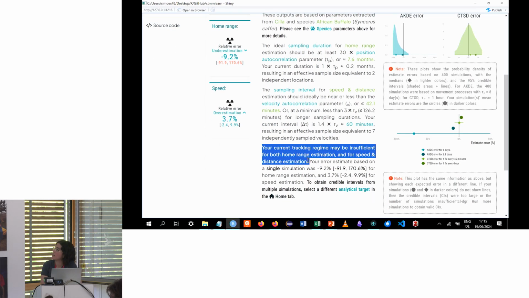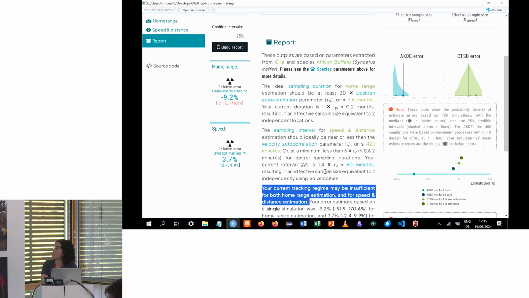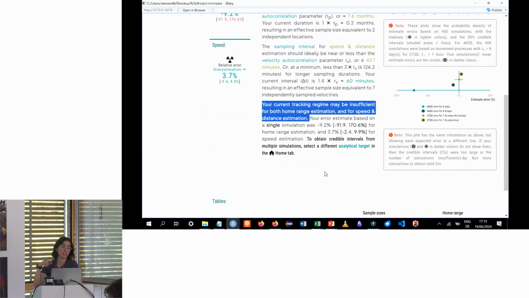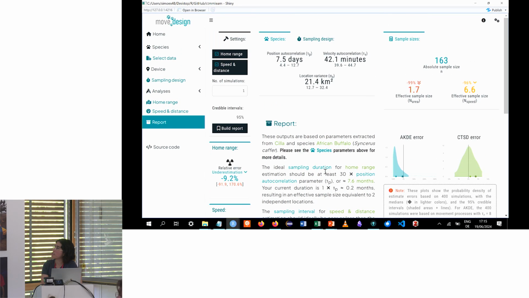In this case, it's telling you that your current tracking regime may be insufficient for both, because you have high CIs for the relative errors that we're getting up here. And obviously, if you want better information, you need more individuals. If you remember when I was doing multiple simulations, you will just build up on this and get more reliable results. But it basically gives you the general information already.